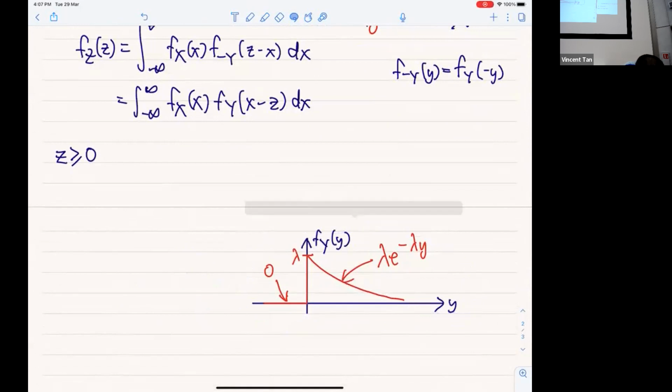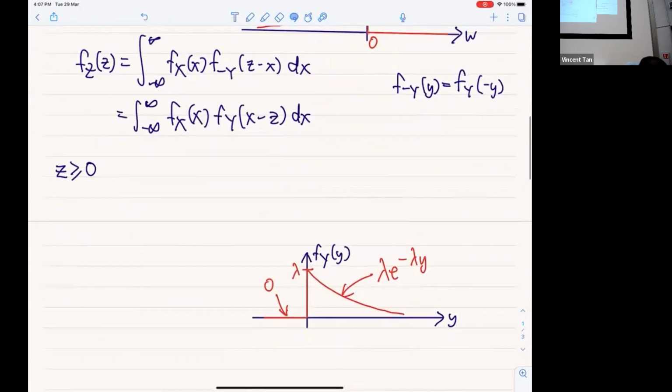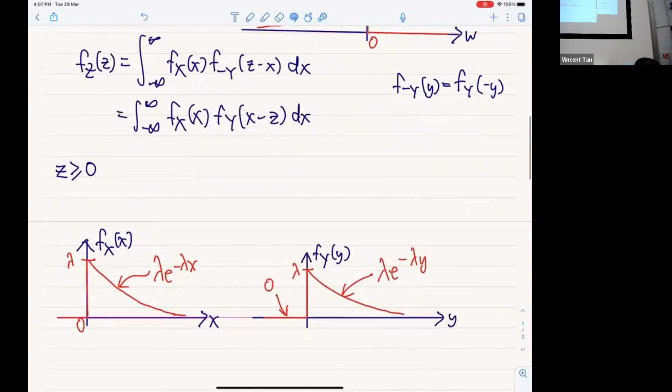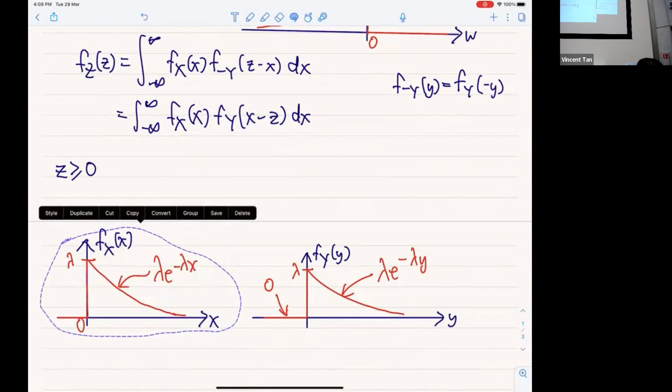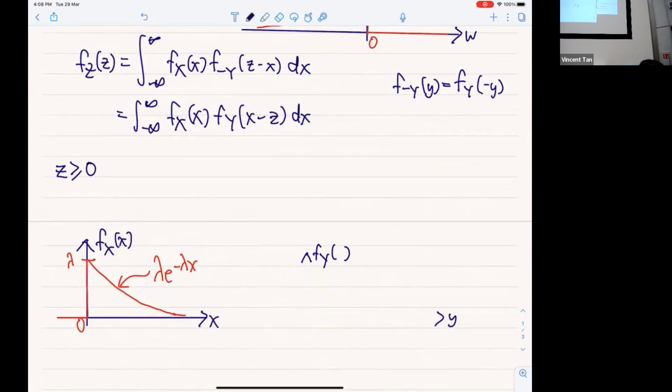We have this picture here, which we are going to slide very soon, and we have this picture here, the original density of X. We're going to assess the amount of overlap very shortly. So now we are going to redraw this for a positive z. You have to follow this a little bit closely, because this is also useful for your signals and systems if you are an electrical engineering person.